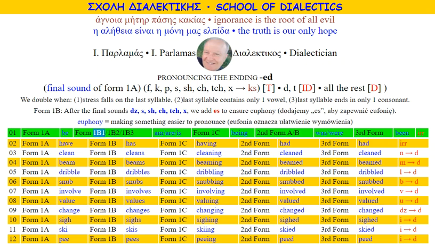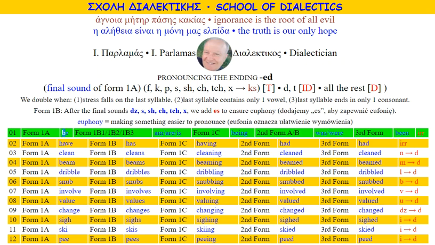Form 1b1 is am. Form 1b2 is are. Form 1b3 is is. Form 1c is being. Second form a is was. And second form b is were. And the third form is been, which is the past participle.